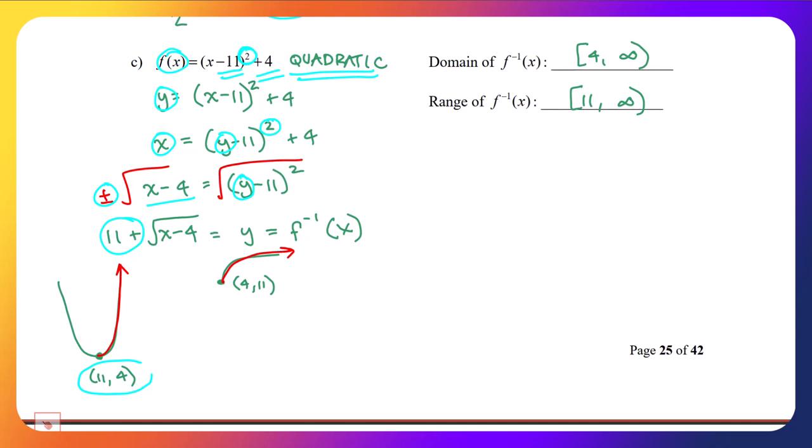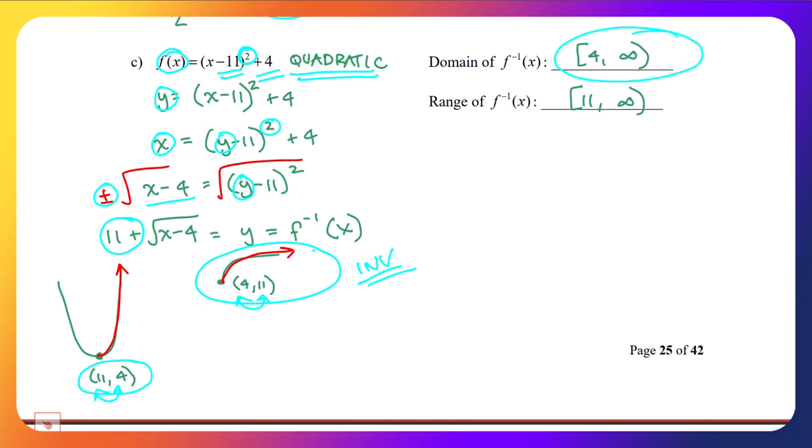So there's the vertex. When I flip it, it becomes sideways. It's a square root function. You might remember the square root function. And the x and the y switch. And so this is the inverse.